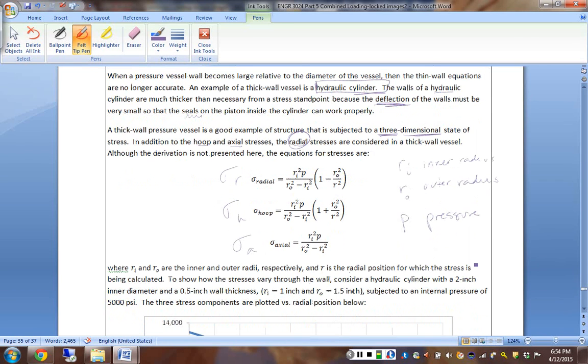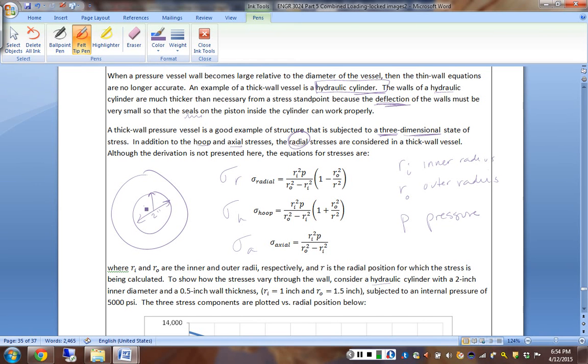So in this case, we are going to consider a hydraulic cylinder that has a 2-inch inner diameter. If we look at this in cross-section, we have 2 inches across this way and a 1/2-inch wall thickness.